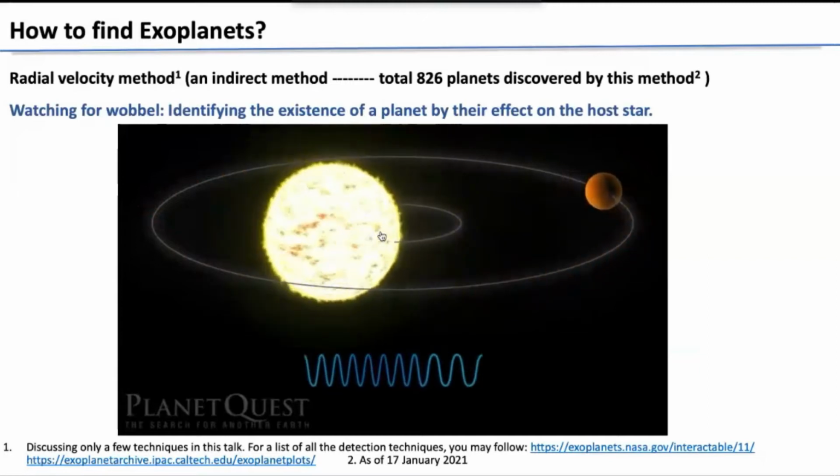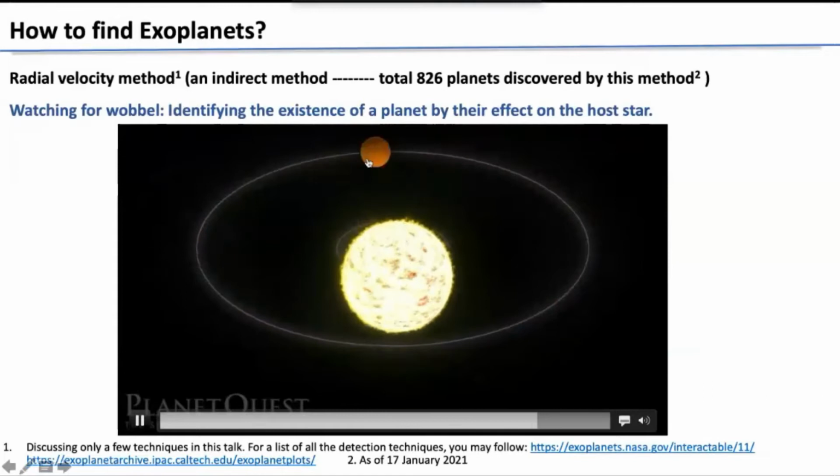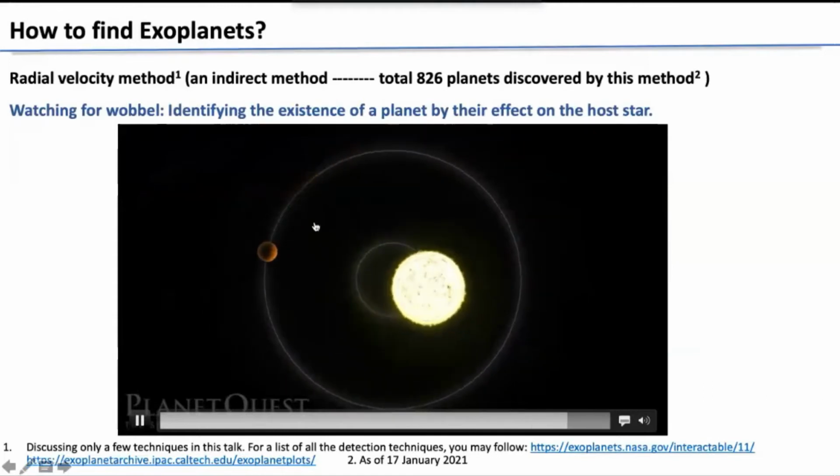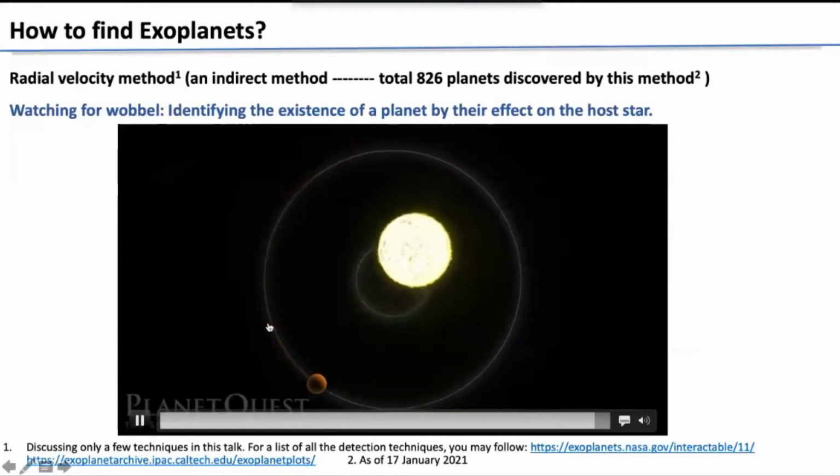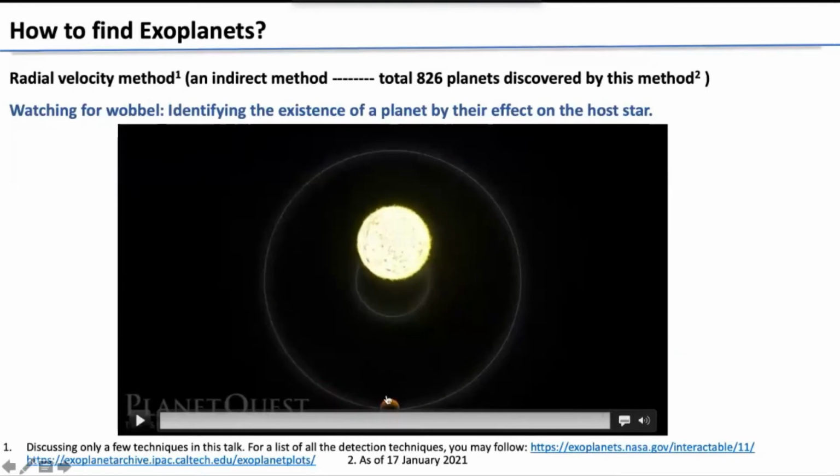But you can also ask me, well, this object could be a star itself. That's true, and I'm not really well versed in this technique, but there are ways to know if it's actually an exoplanet or a star itself. Let's say it's a star orbiting around another star, then it's going to produce heavy wobbliness, so to say, because the star is heavier than the planet.